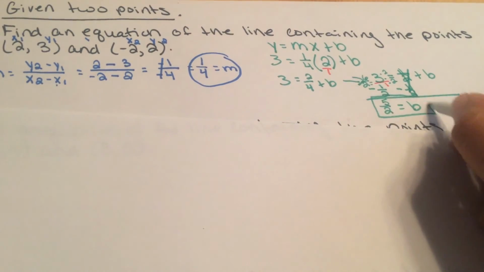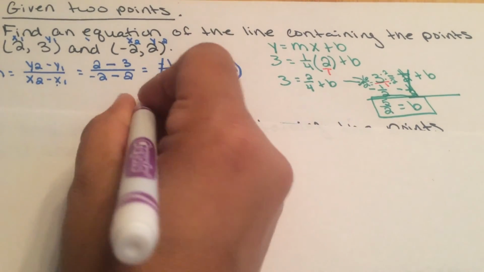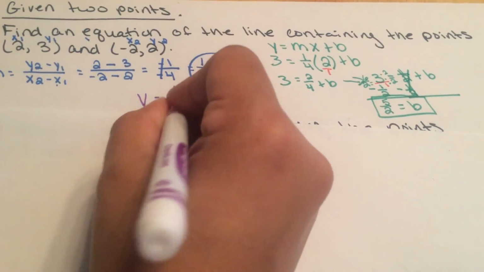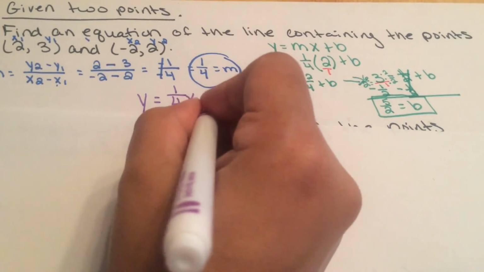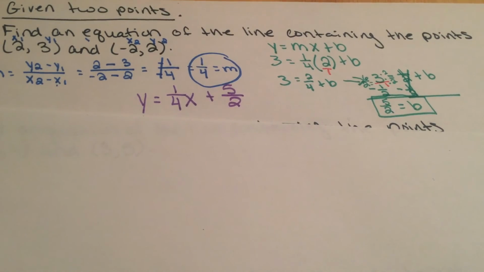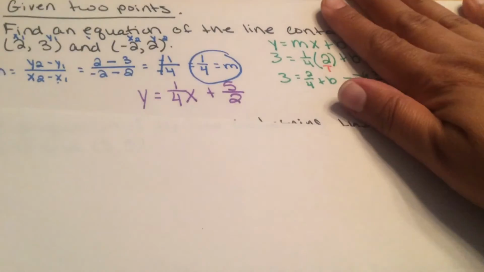Now that I've solved for my y-intercept, I have the 2 pieces of information I need. My slope and my y-intercept. Remember, those are the only 2 pieces of information that I need. So now I can go ahead and put this in my formula. Y equals 1/4 x plus 5/2. Again, don't let the fraction action be freaking you out. Let's try one more example together.